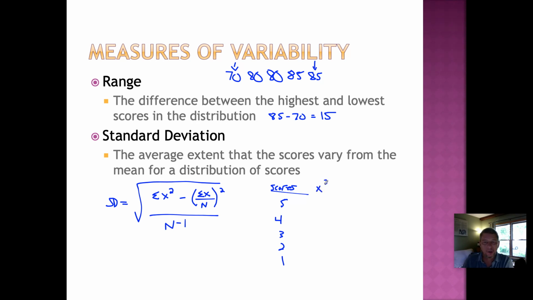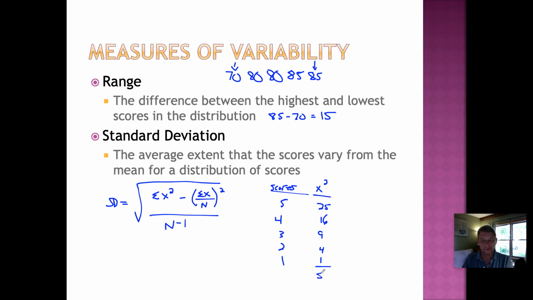x squared is going to be 25, 16, 9, 4, and 1. Take the sum of these: 25 plus 16 is 41, plus 9 is 50, 54, 55.